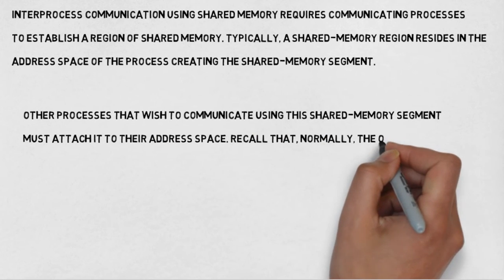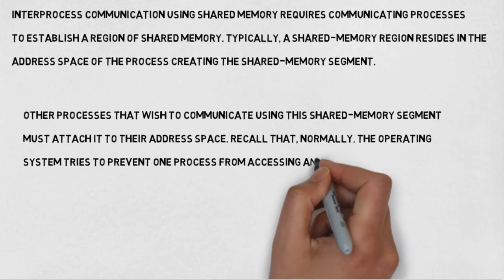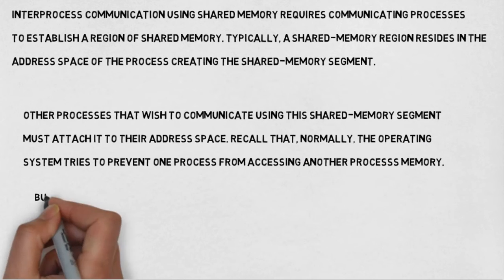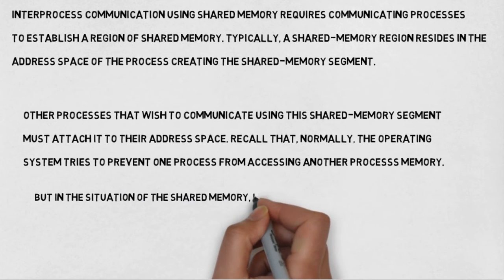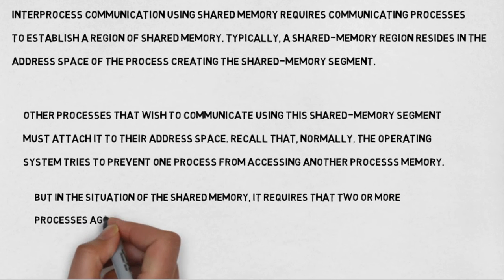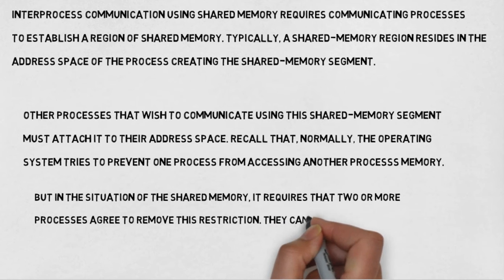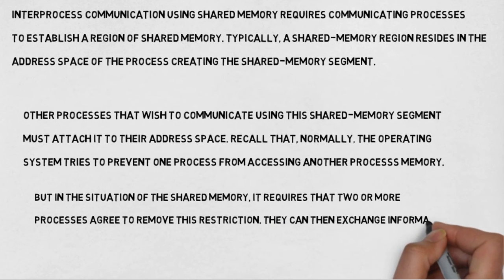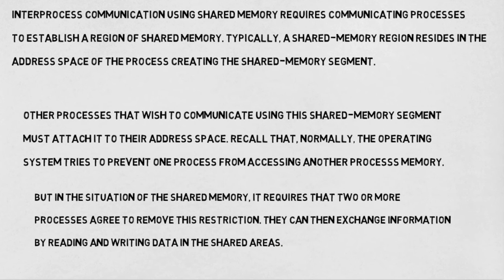You must recall that normally the operating system tries to prevent one process from accessing another process's memory. But shared memory requires that two or more processes agree to remove this restriction so that they can exchange information by reading and writing data in the shared area.